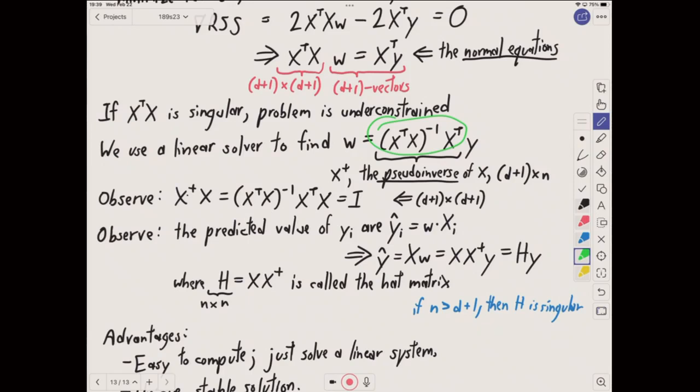Any other questions? Yeah. Which substitution do you mean? Are you talking about below that? This part here, I would suggest that you don't actually want to explicitly compute the pseudo-inverse.